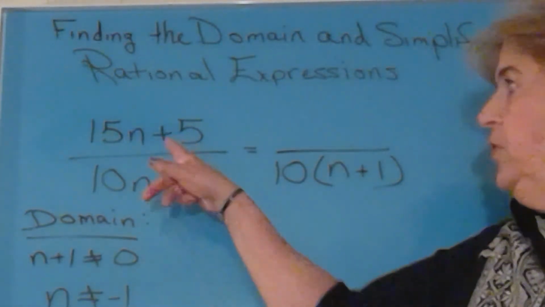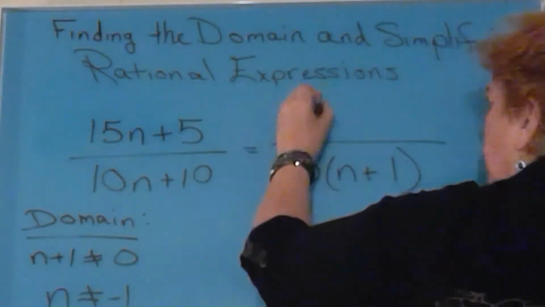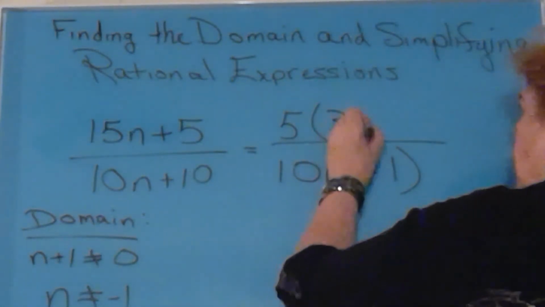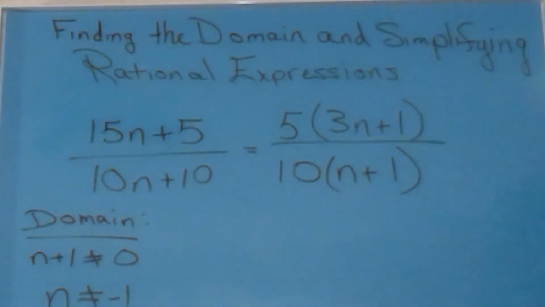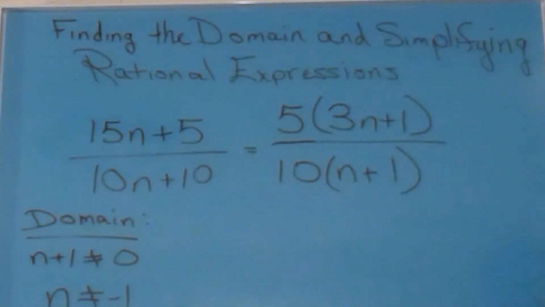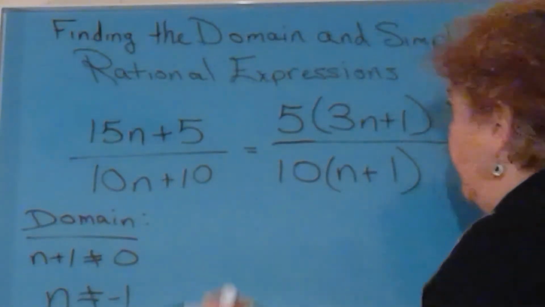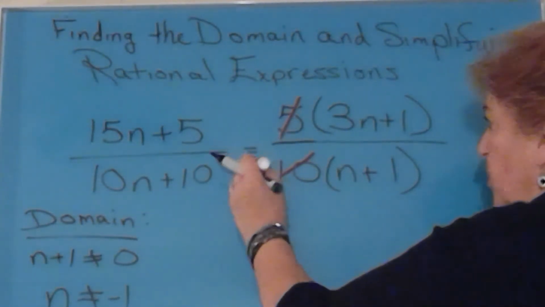If I factor the numerator, however, I know that I have a factor of 5 in the numerator, and 5 goes into 10 2 times.